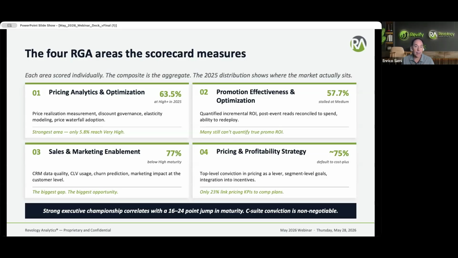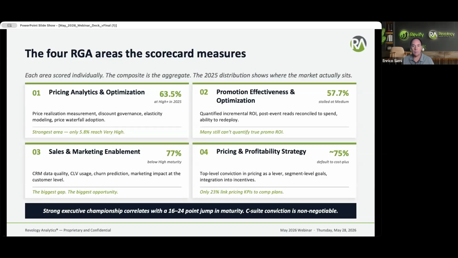On the sales and marketing enablement area, the majority of companies are below high maturity levels. So again, getting that traction and understanding customer behavior and being proactive about it is still an area where companies are struggling, and there's a lot of reactive behavior around that.